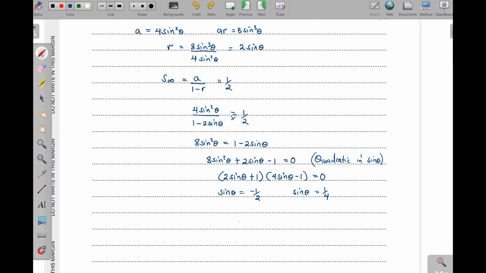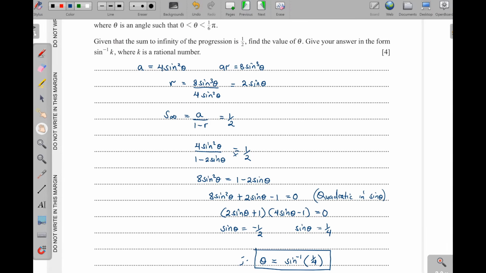Okay, so this therefore implies that our theta is going to be equal to the arcsine of a quarter. As simple as that. Remember, they had told us that k is a rational number. It's a fraction. That is the one here.